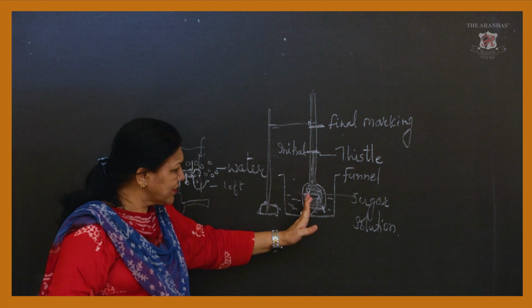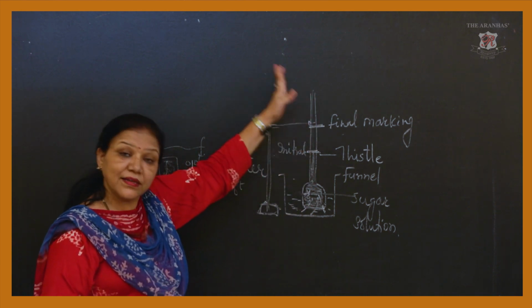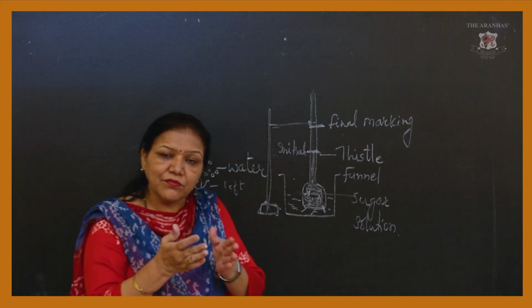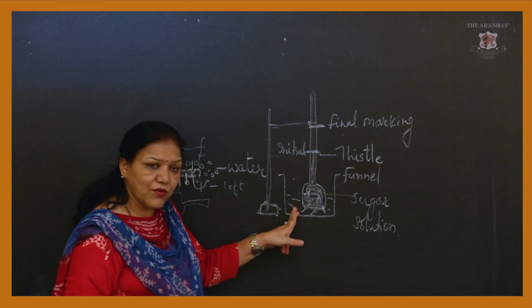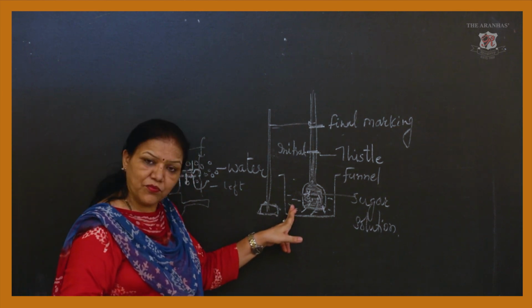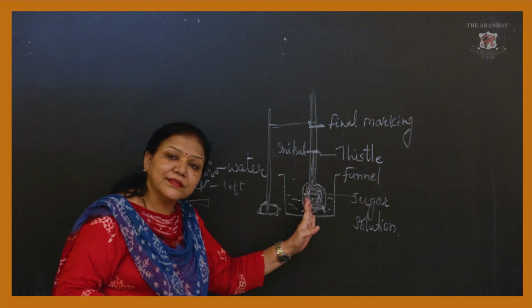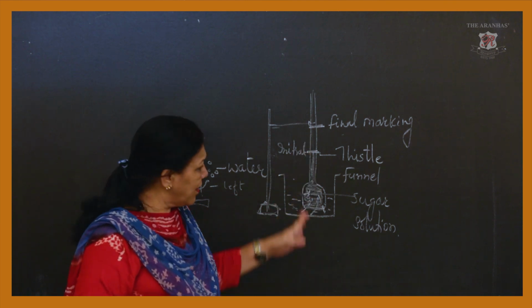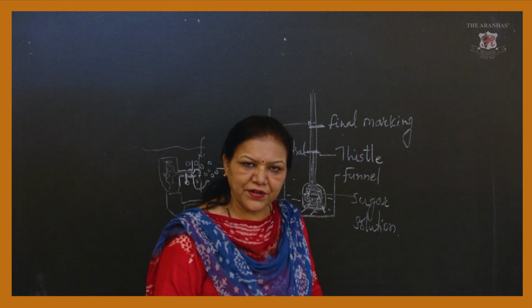The volume of the sugar solution rises and then it comes to the final marking. This shows that the water's movement is from higher concentration, meaning more water molecules, going inside towards fewer water molecules, and in this way we are performing the osmosis experiment in the laboratory.